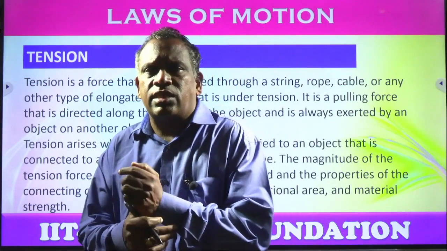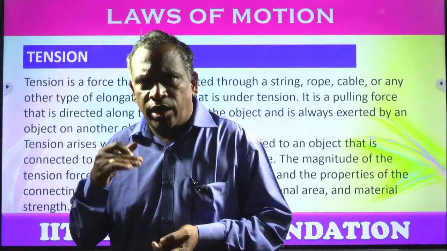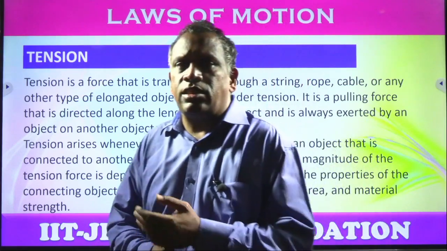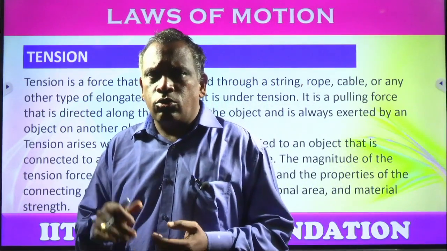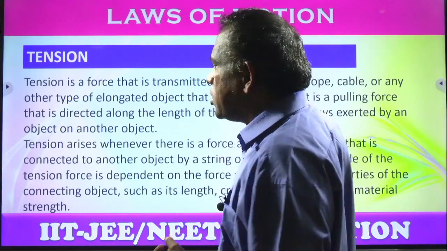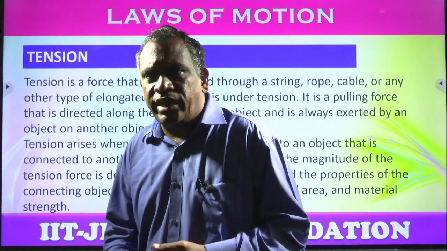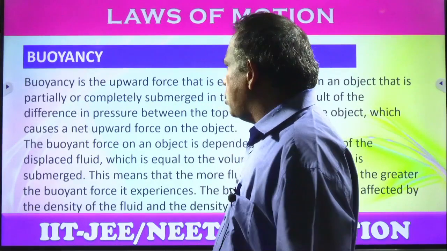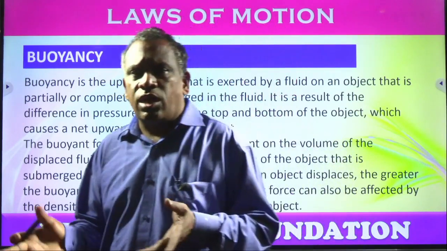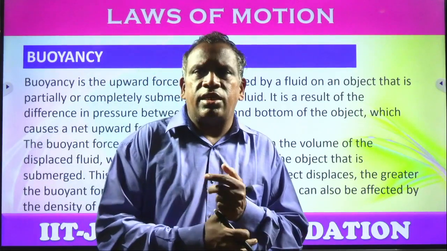And the tension force. Just now we discussed that tension is another type of force, where energy is transmitted through ropes and inextensible strings. Tension arises whenever force is applied to connected bodies. Tension balances the weight of one object, and it depends on the length of the string or rope and on the mass of the objects.